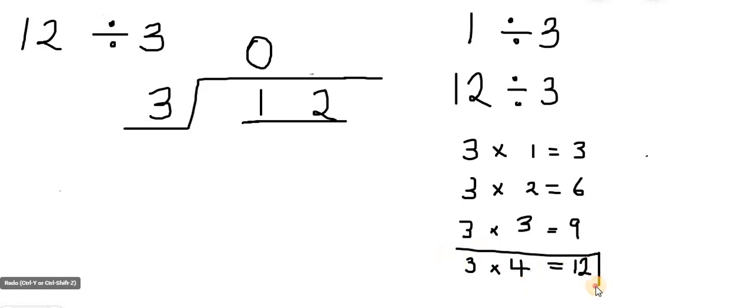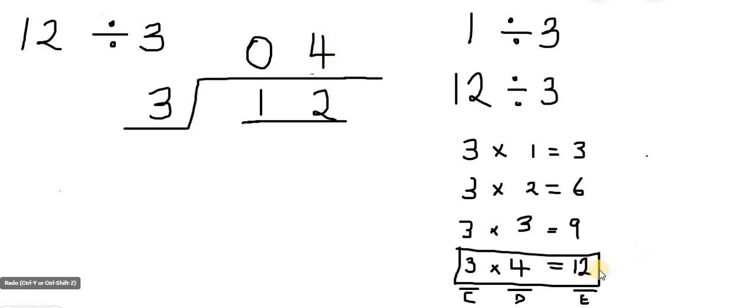So 3 times 4 being 12, we pick our answer from column D, which is 4, and so we put 4 up here.